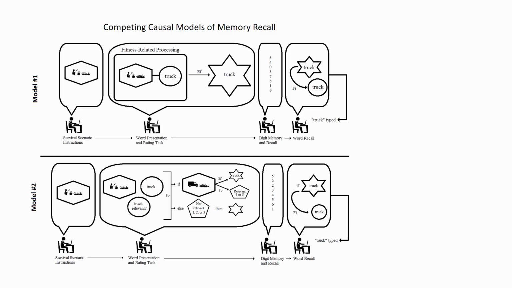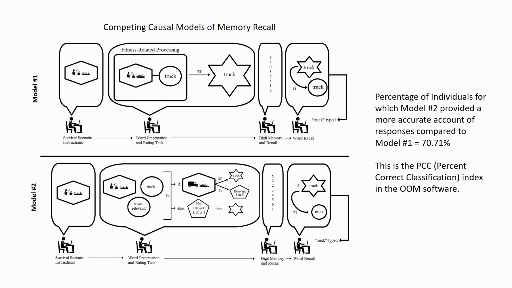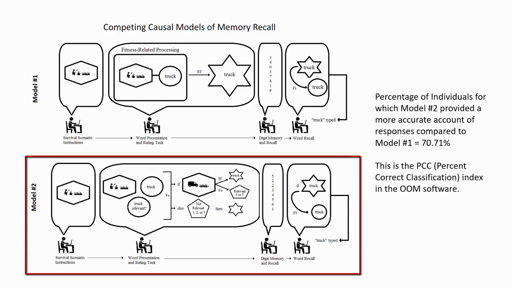Now, results from the OOM analyses showed that the second model provided a more accurate account of the responses for a majority of the individuals in the study compared to the first model. For these participants in this particular study, then, the second model is judged as offering the best explanatory inference of the observations or of the data.